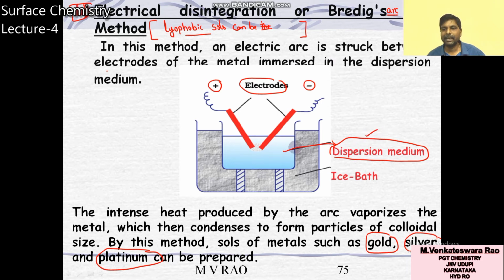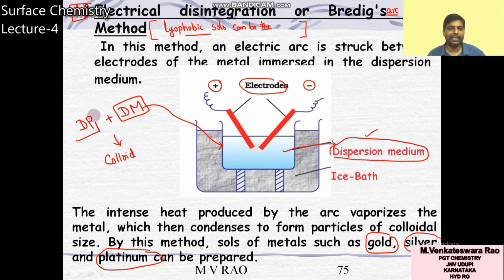We want to prepare a colloid. A colloid contains two phases: one is the dispersion medium, another one is the dispersed phase. Here we have taken the dispersion medium. Now where is the dispersed phase? In this picture, the dispersed phase is this electrode only.